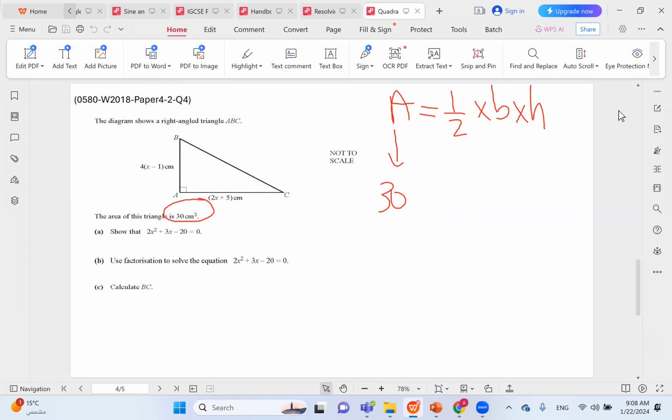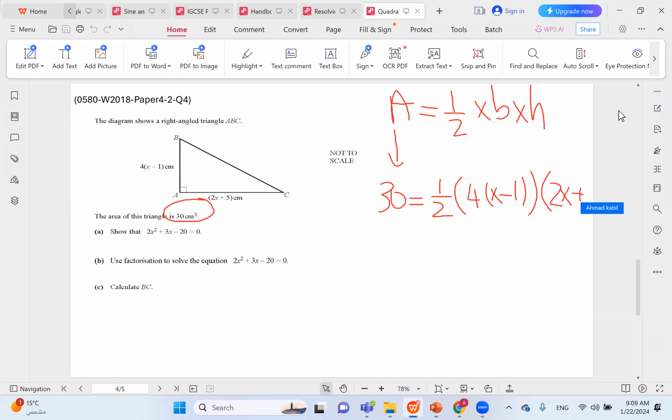And this is equal to half multiplied by the base, which is basically 4 times x minus 1, multiplied by the height. It doesn't really matter what the base is and what the height is, so both of them would work. Here in my equation, the height will be 2x plus 5.